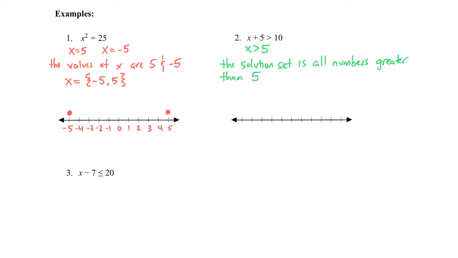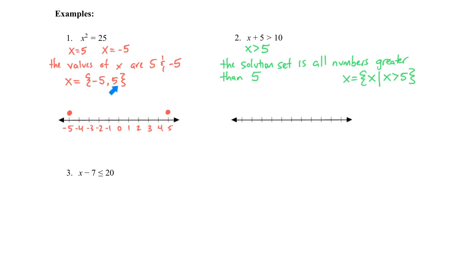Here's how you write it. X equals, it starts the same exact way, but we're going to write it this way. We're going to write for X is all X's, like that. So it's X with a bar, and then just put your inequality in there. So it looks like that. This says all X's such that X is greater than 5. That's basically what that says.